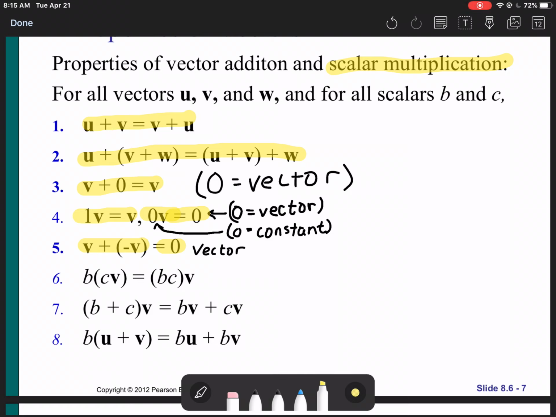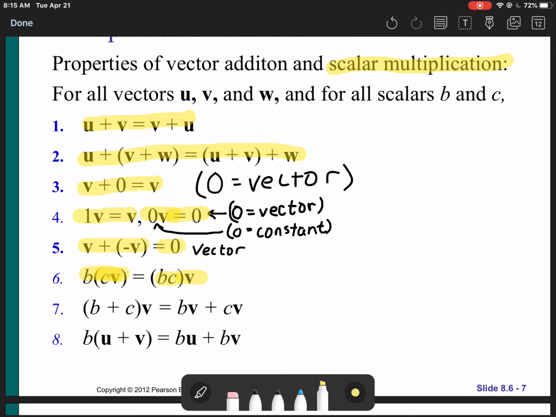Because again, in number 6, C times V would be a scalar multiple of vector V. And then I'm multiplying times B, which again is a scalar multiple of that vector. Here I've got B times C, which is again just the product of two scalars. And then multiplying by V gives me a scalar multiple of vector V.